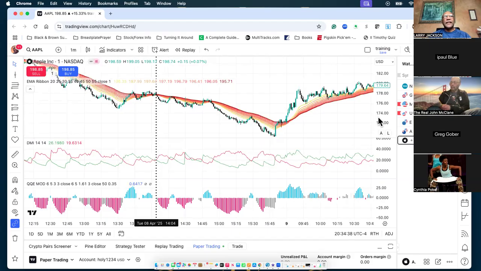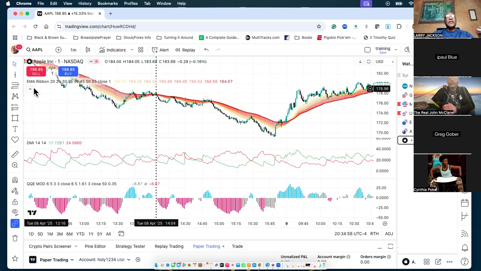Guys, again, everything that's under the ribbon, I'm looking for sales. I'm not looking for buys. Everything above the ribbon, I'm looking for buys. I'm not looking for sales.